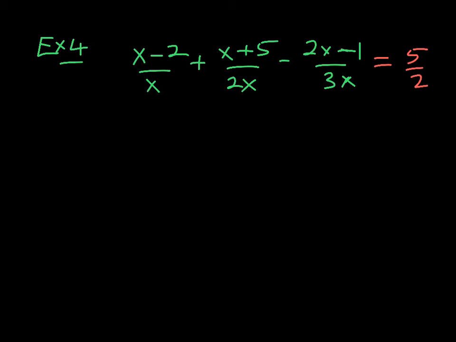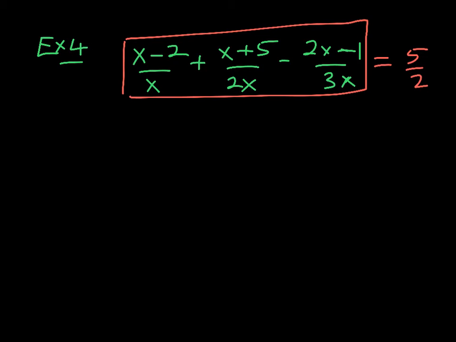First we're going to turn this whole thing into a single fraction. We see that 3x will be a good denominator. What do we need to multiply x with to make it 3x? That's 3. So this is going to be 3 into x minus 2 plus, no, we can't use 3x. I think we have to use 6x because 2x cannot go through 3x.